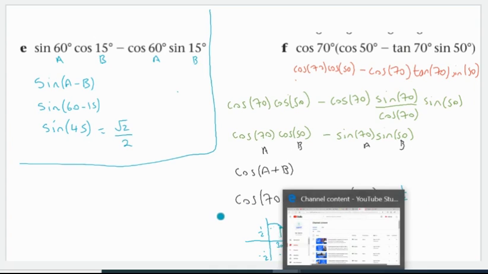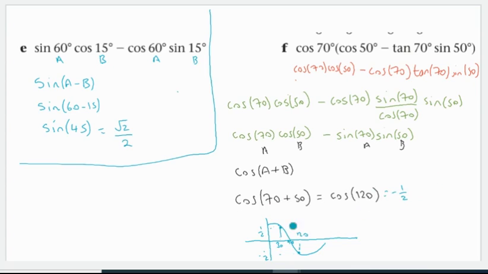If that method did not make sense, then have a look at this one as well, where we can say the cos of 120 is the same thing as cos of 90 plus 30, which it is.